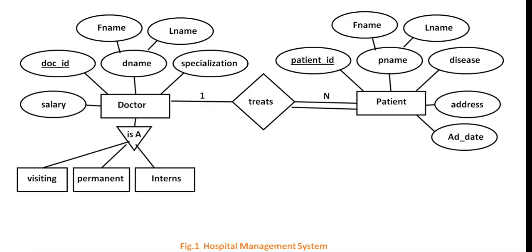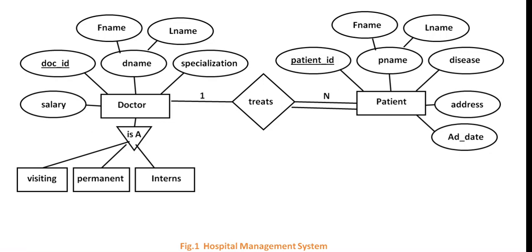Partial participation means not all doctors are participating in a relationship, and total participation means all patients are participating in a relationship. Not all doctors are treating a patient, but all patients are treated by a doctor, that's why it is total participation from the patient side but partial participation from the doctor side.